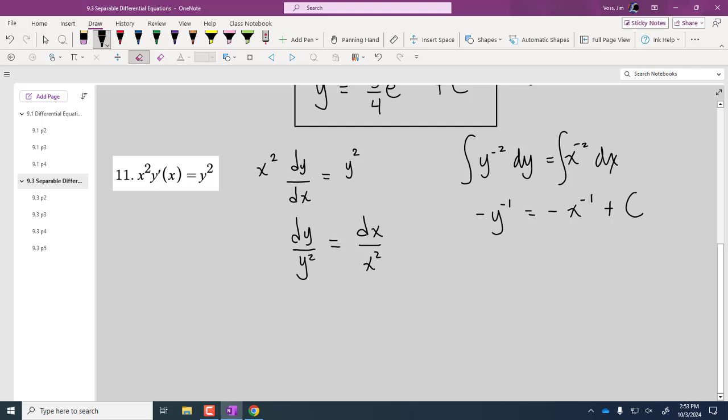So this right here is a general solution. We always want to solve for y if we can. So this is general, and if it just says general solution, there's a million forms the general could take.